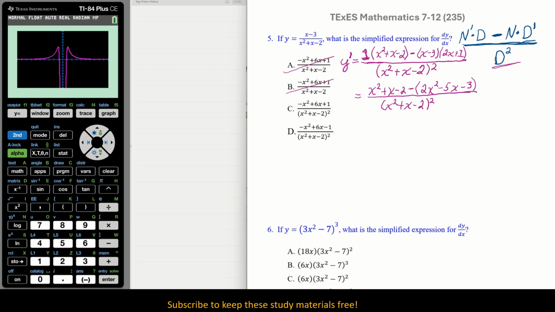Now let's take a look at that. Normally, if I was going to turn this in, I would rewrite all that. But we're trying to pass a test. So see that negative, I will distribute that in. I'll erase my parentheses and then turn this negative to a positive and this negative to a positive. Now we can rewrite to finalize.